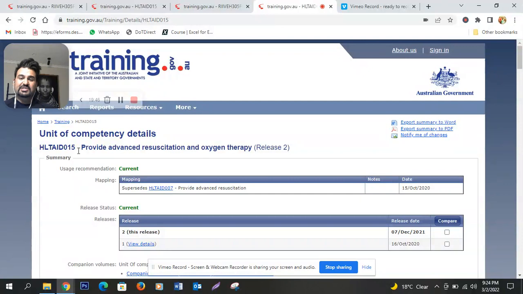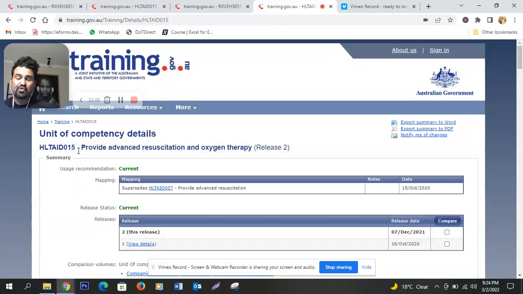You can't do that. So you can't just make one assessment and, in parallel, assess the students on provide first aid and provide advanced resus, because it's a prerequisite. It means that a person, and I cannot insist more, you cannot cluster it.